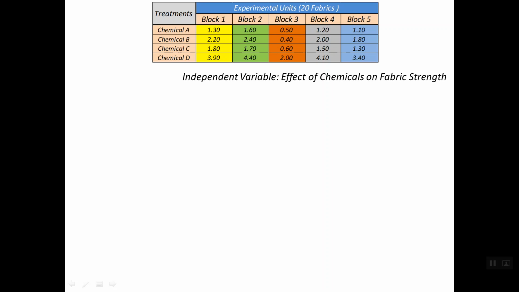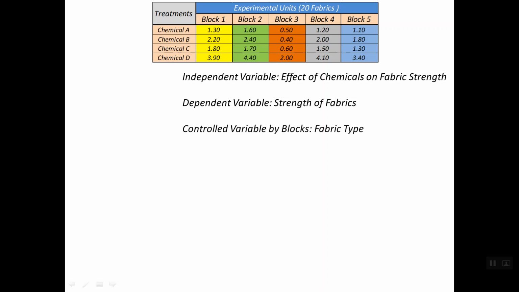So this is the independent variable or the independent factor. Regarding the dependent variable, it is simply the strength of the fabrics after being treated by using the chemicals. The controlled variable by blocks is the fabric type.